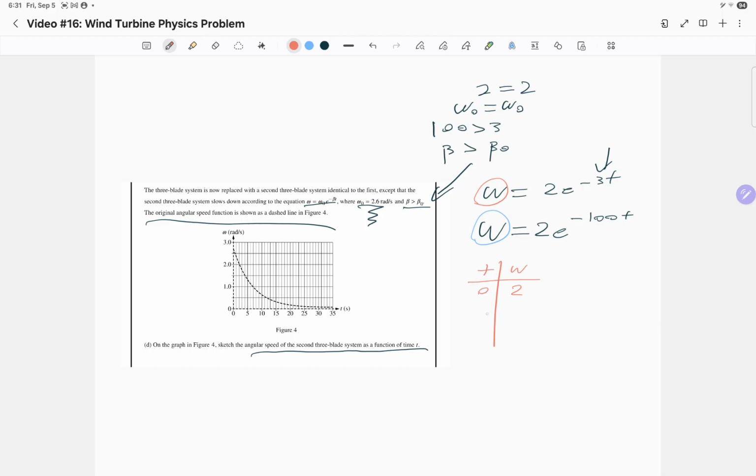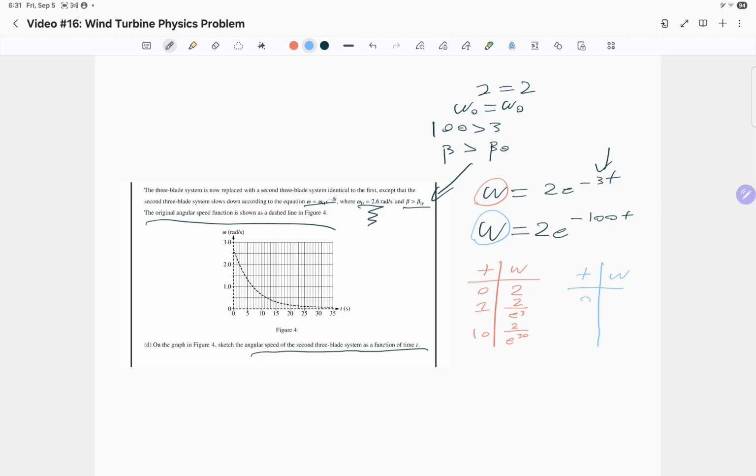If we plug in t equals 1, angular velocity is 2 over e to the 3. And if we plug in 10, 2 over e to the 30. It decreases still decently fast, but nothing compared to the second function we have here.